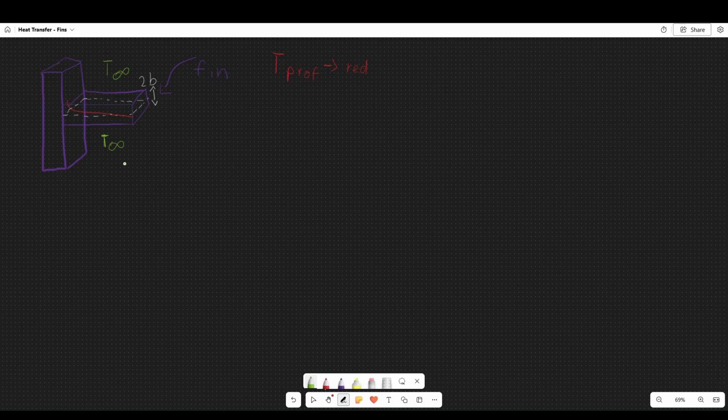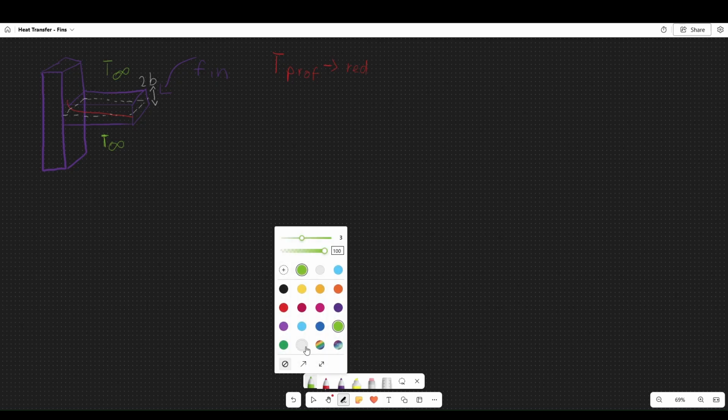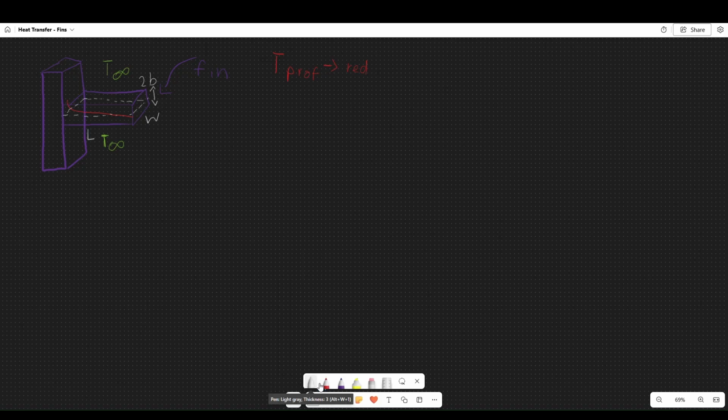And then obviously there's a length and a width. So this part would be L. So we have L here, and we have W, which is the width. And those are all important parameters.